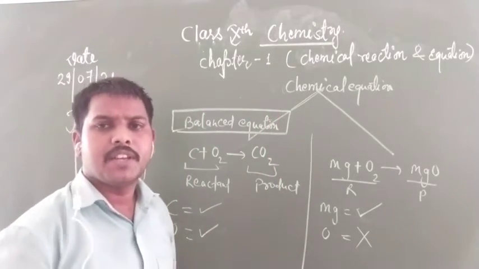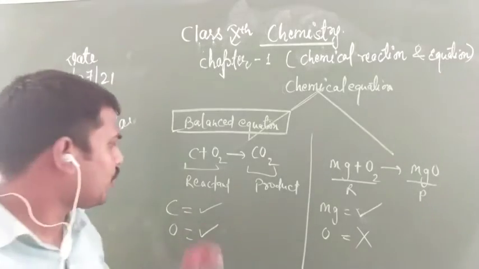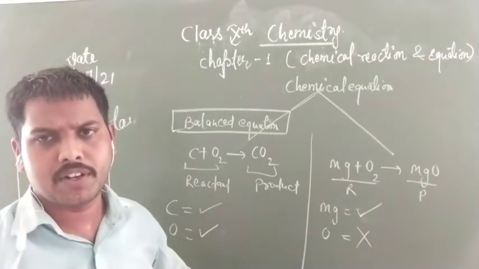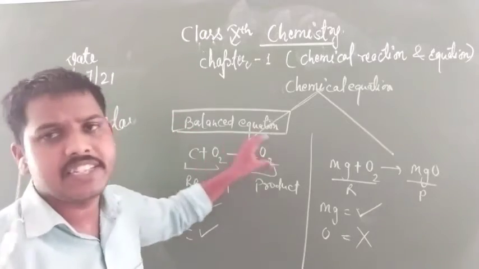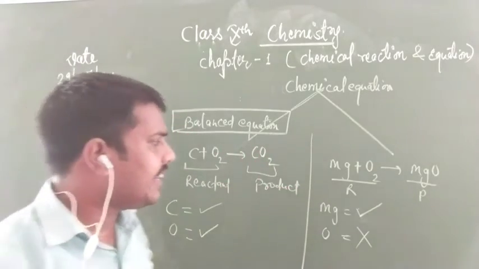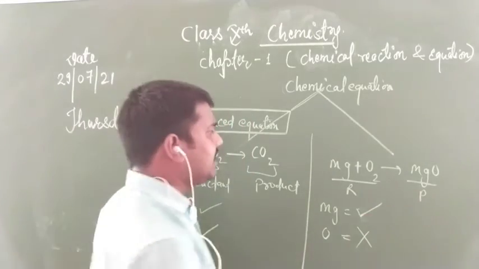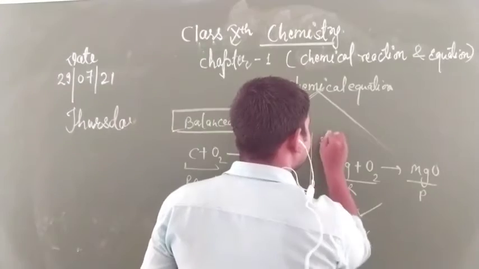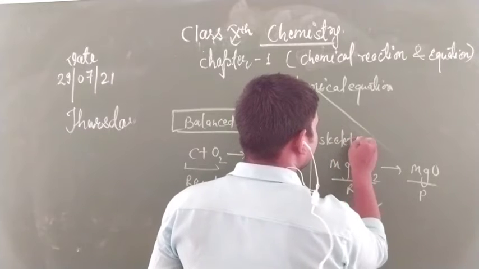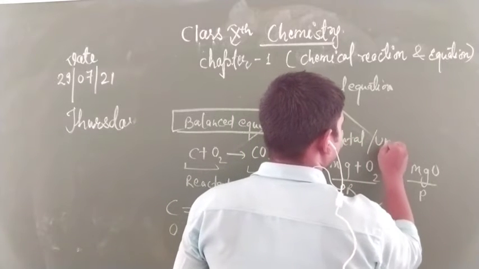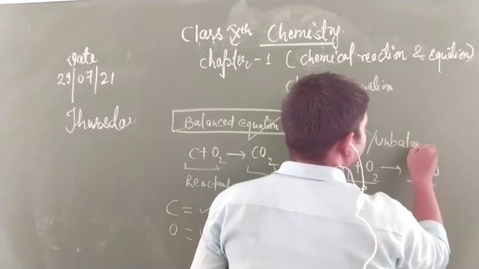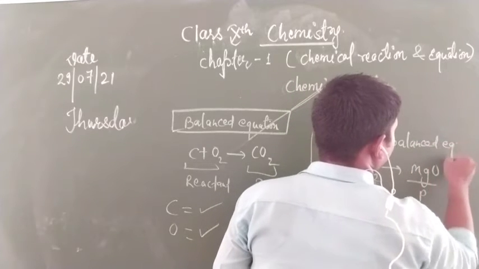Clear everyone? If the number of atoms in reactant and product are not equal, it is called a skeletal or unbalanced equation.